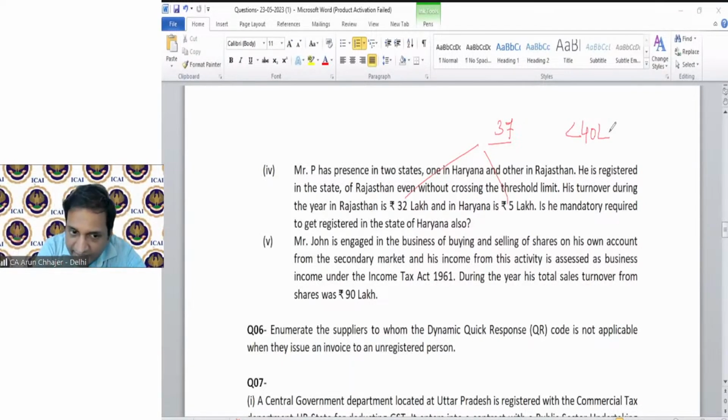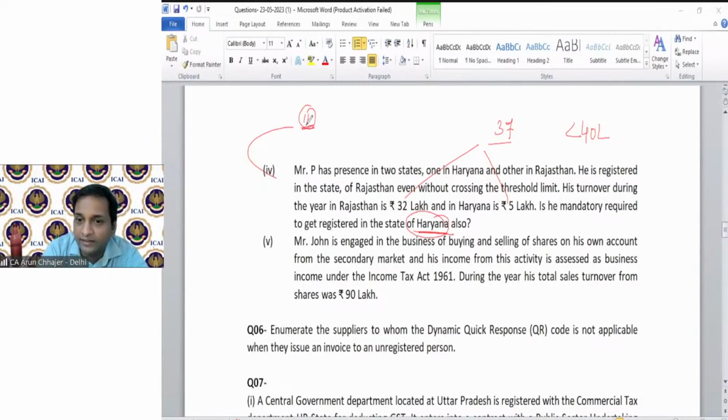Is it mandatory to get registered in the state of Haryana also? Now you have to give the answer in two ways. See, there is a small lack of clarity, so it is advisable to give the answer in both directions.